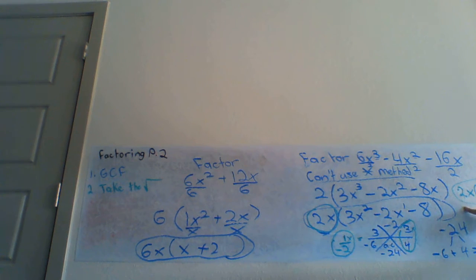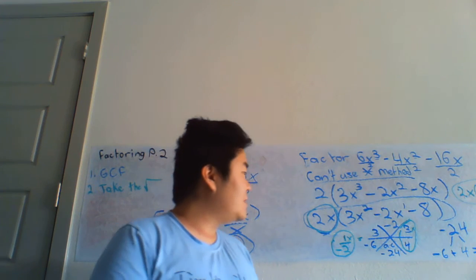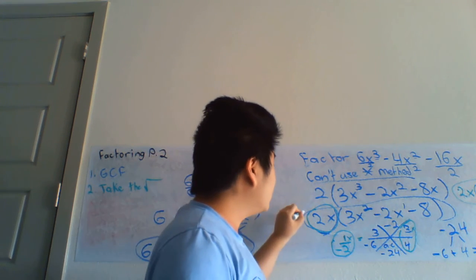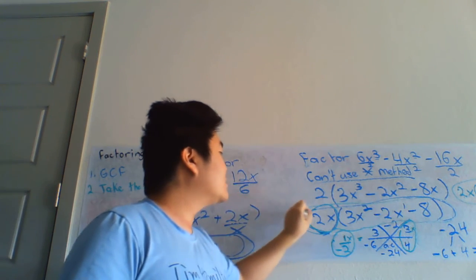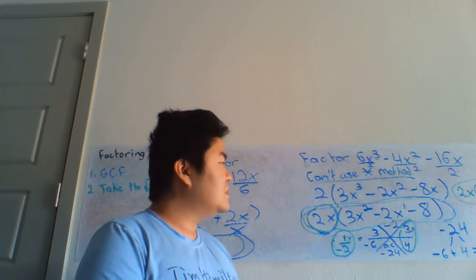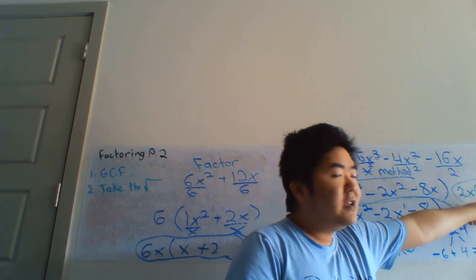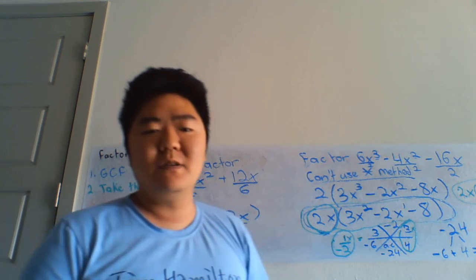So, I've got 2x on the outside, 1x minus 2 in the parentheses, and 3x plus 4 is my second factor, my second parentheses. Alright? So, when you get to this question on the assignment, if you circled this for your answer, this one right here, I'll still give you credit, but just know this one right here is the full factorization of this problem.